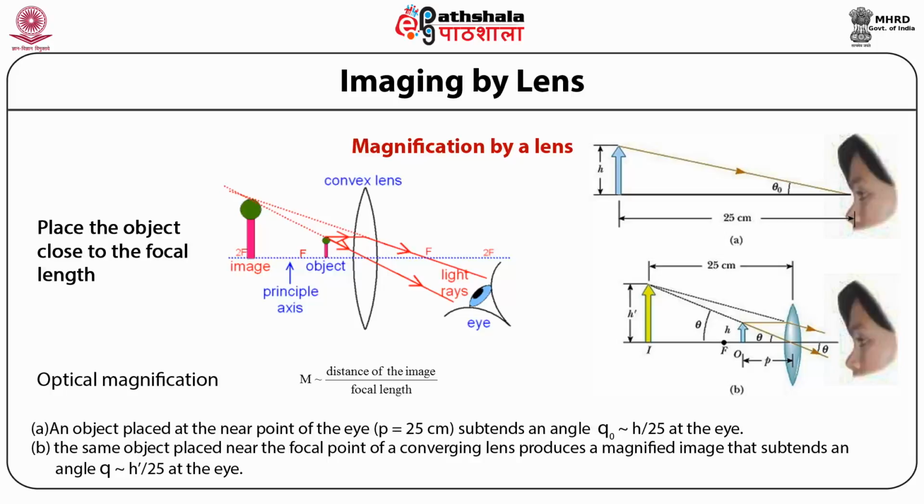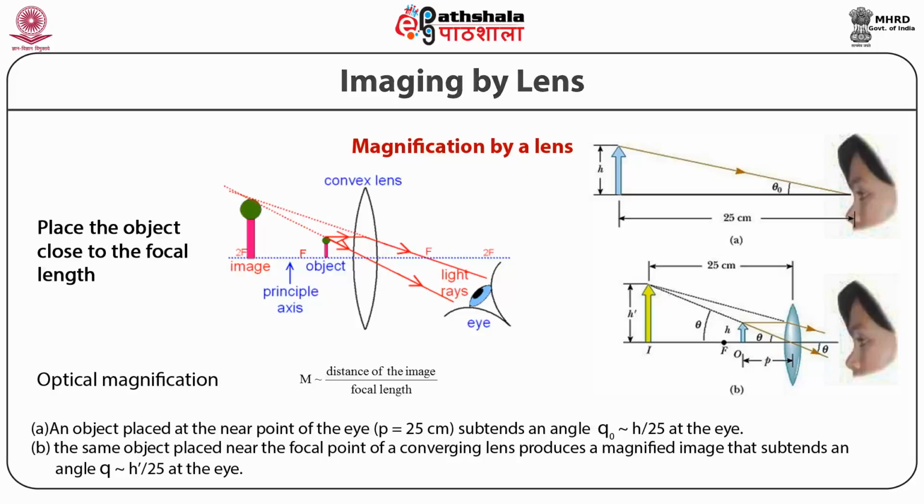You place a lens between the object and your eye such that the object is now at or near the focal point of the lens. Then the image of the object appears to be magnified manifold, and the magnification is quantified as the distance of the image created by the lens divided by the focal length. That is the magnification achievable by a lens of a given focal length.